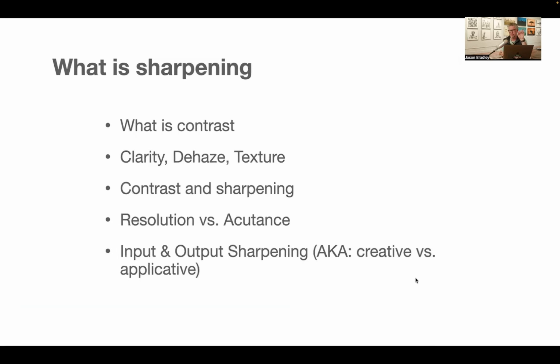And with that said, now I'm going to talk about the difference between input and output sharpening, also known as creative versus applicative. Input sharpening is what we do within Lightroom, and output sharpening is the kind of sharpening that we apply to our images as we export them, as we process them, as we output them for a particular kind of application.